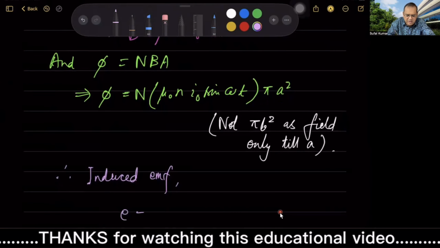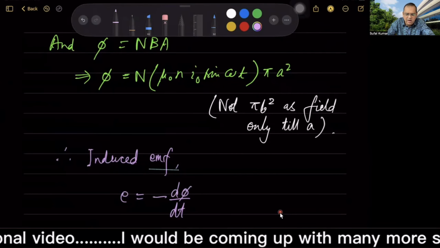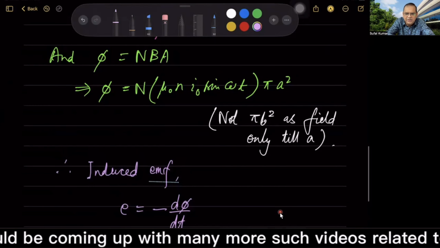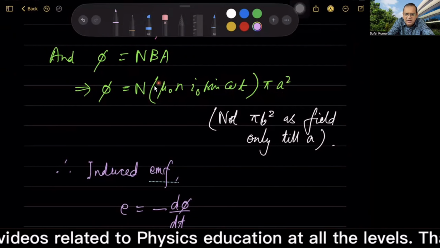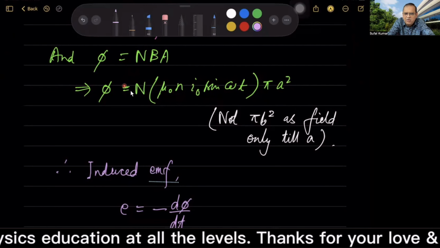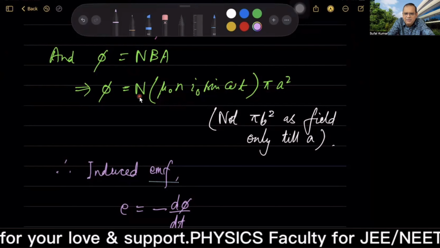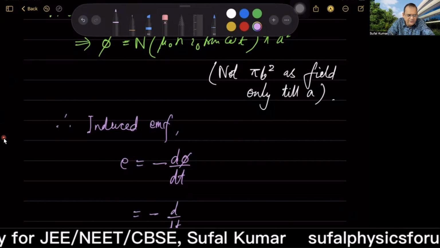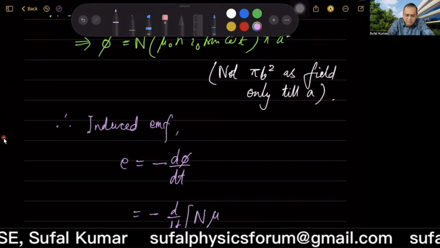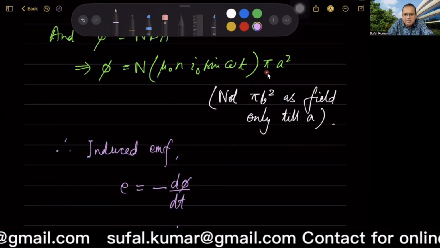induced EMF, E, is minus d phi by dt. Now I'm to differentiate this whole expression, and while differentiating, we'll take all the constants out. Only variables are to be differentiated. Minus d by dt of N mu naught n I naught pi a square.